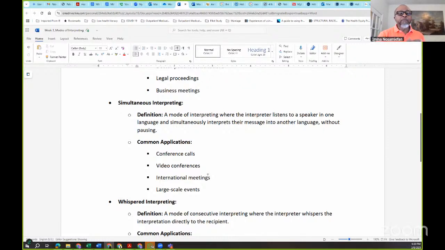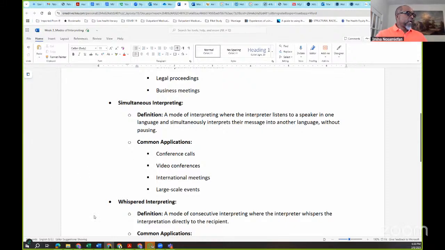Usually the interpreters might have a prepared text, so they will have studied it beforehand. You understand? So that is simultaneous.